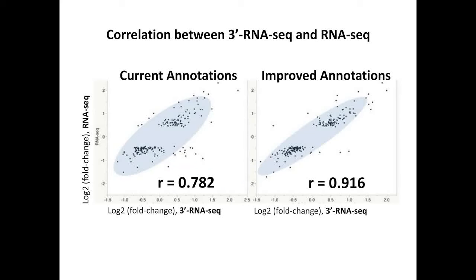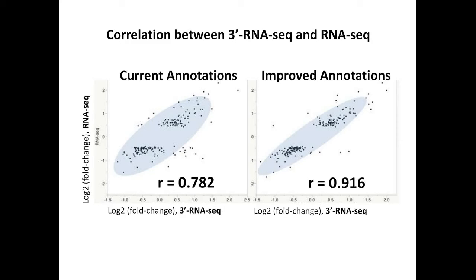So the results show high improvement when we use the improved annotation. In the current model, the correlation is 0.782, between the RNA-seq log2 fold change and the 3' RNA-seq log2 fold change. This is the correlation between the 2 technologies.